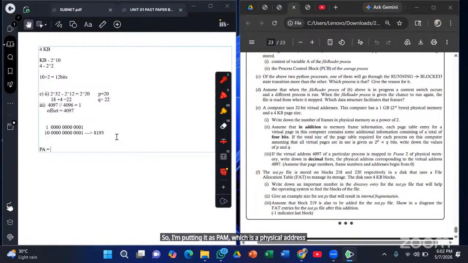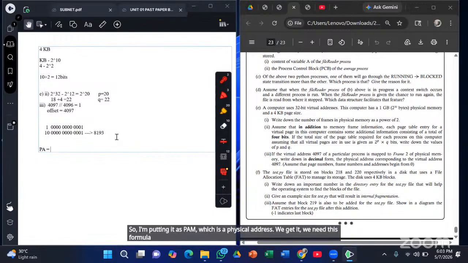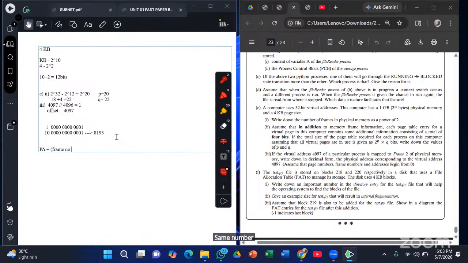To get it, we need this formula: frame number times frame size plus the offset.